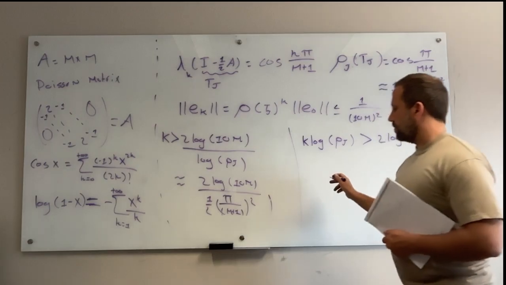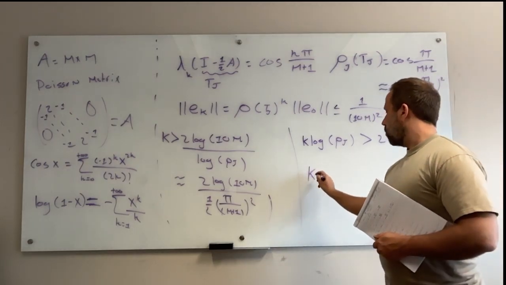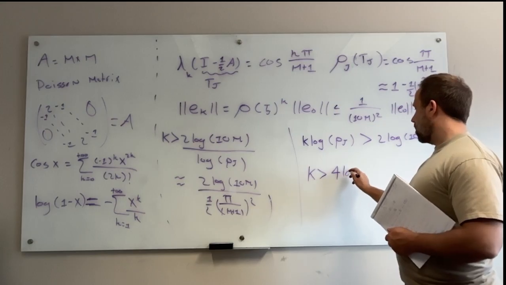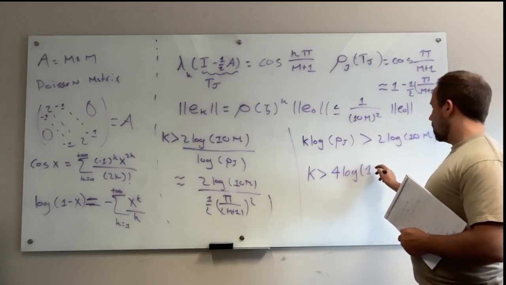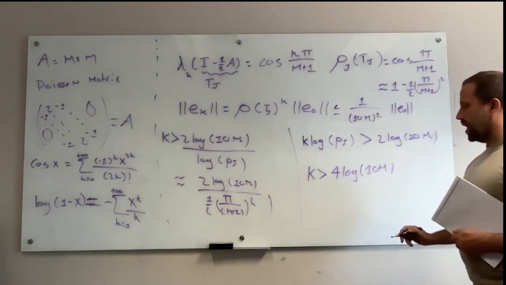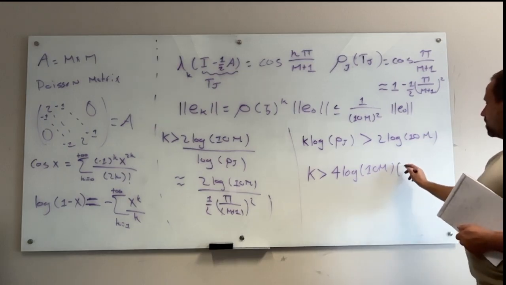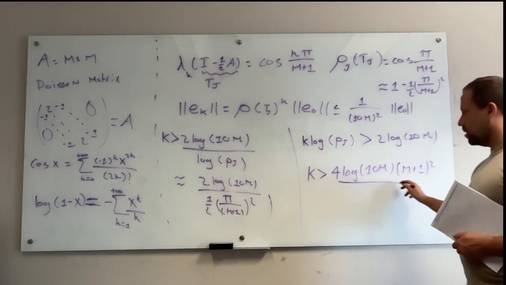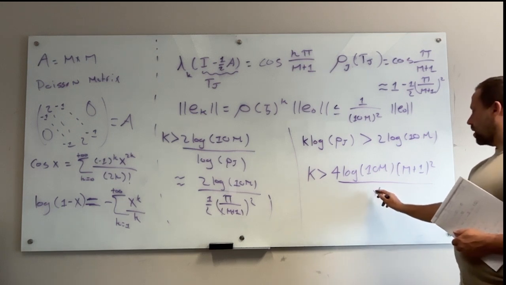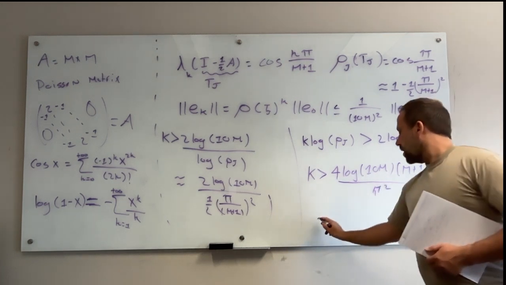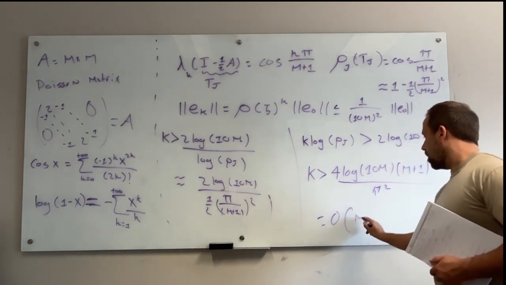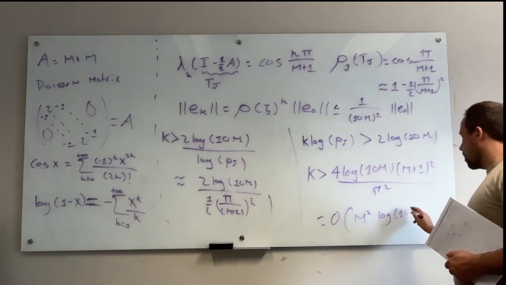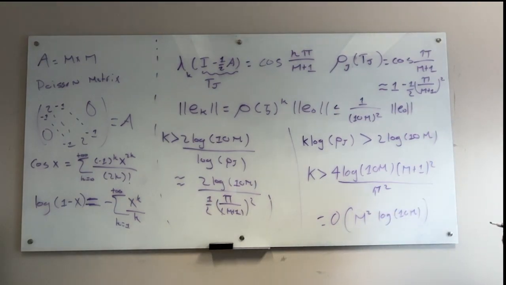If I straighten this out a little bit, we need to have k greater than 4 log of 10m times m plus 1 squared divided by pi squared, and this is O of m squared times log of 10m.